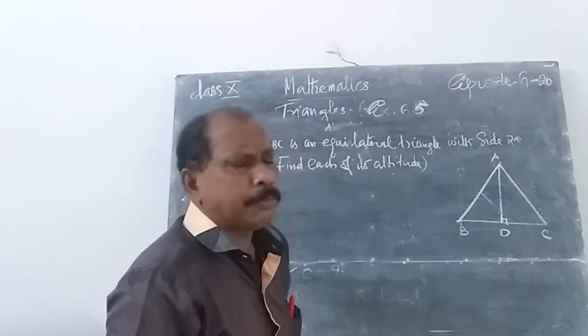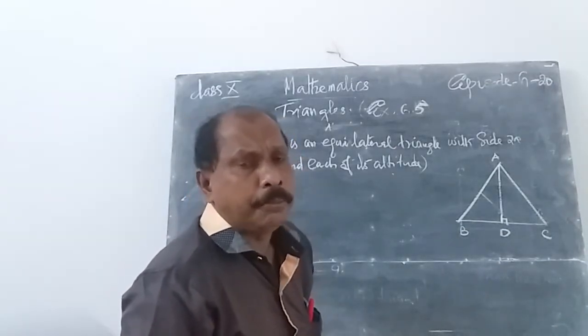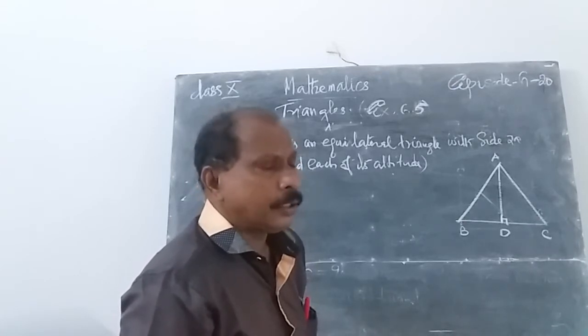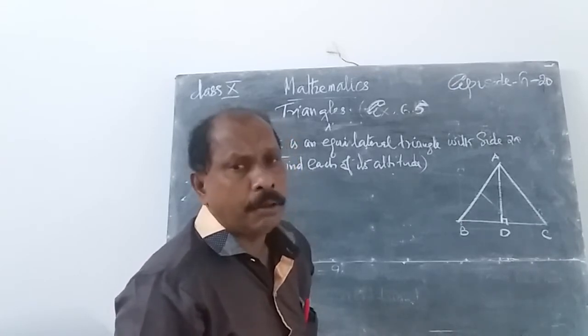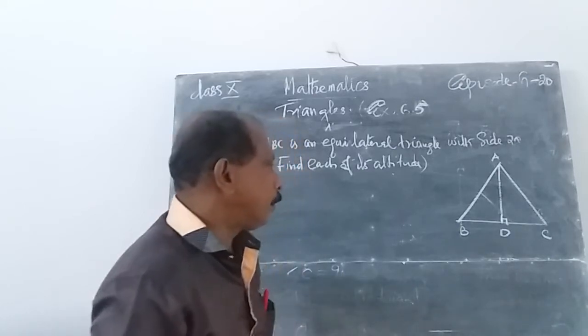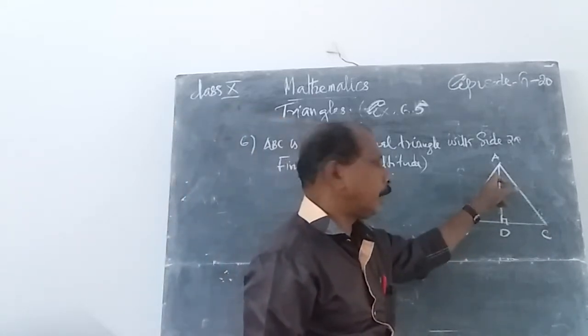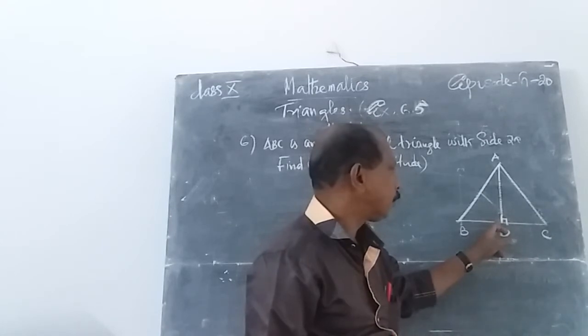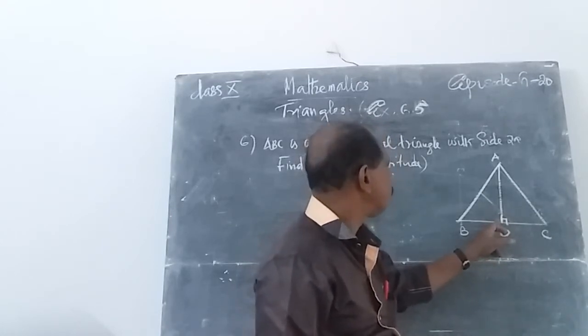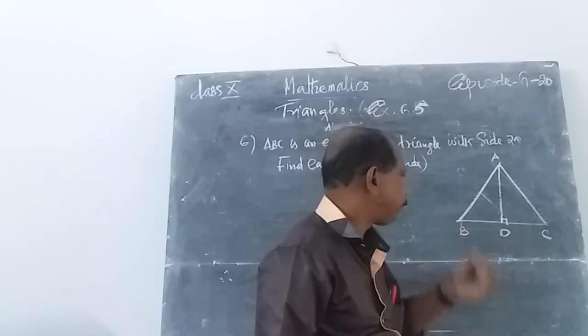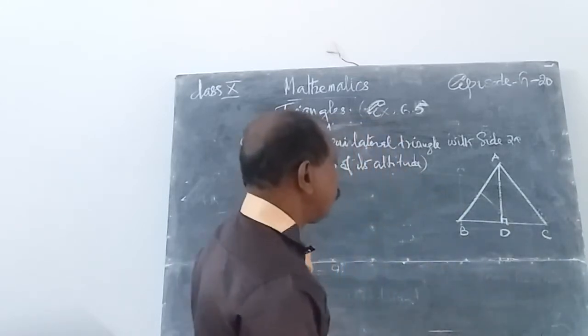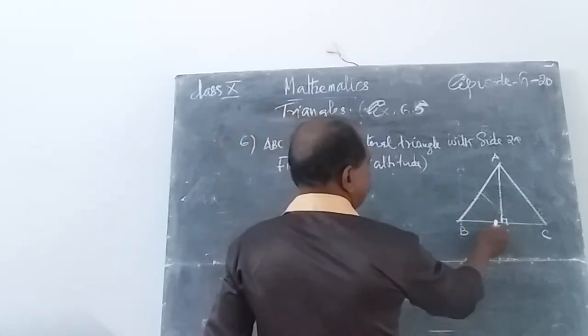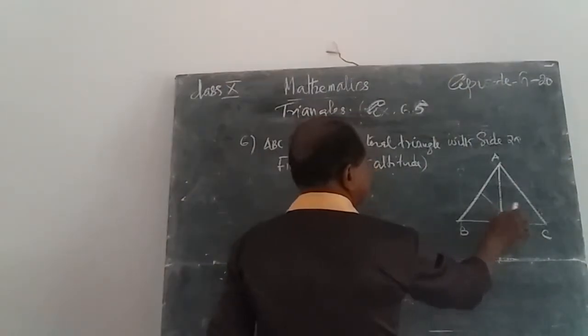There are three medians, but all medians are equal in length because the triangle is equilateral, all sides are equal, all angles are 60 degrees. Therefore, this angle is 60 degree, this angle is 90 degree, this angle is 90 degree.